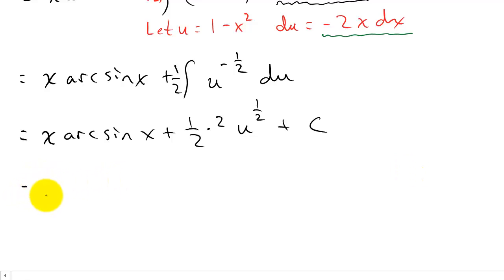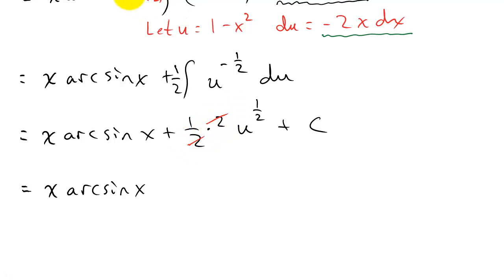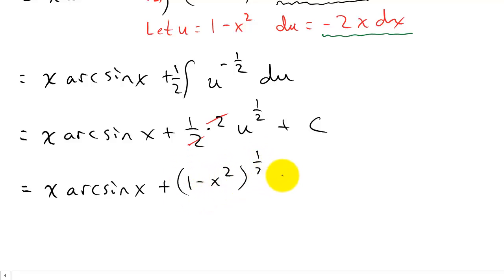So now we have x arc sine x, and then the 2's here, they cancel, and that's going to be plus u to the 1/2, and in the place of u, I'm going to put this back, 1 minus x squared to the 1/2 plus c.